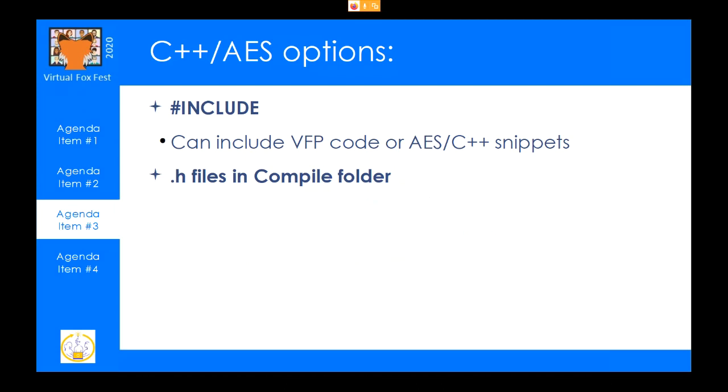In VFP C Compiler, hash include can include code, which is incredibly useful because it means that code that can only work in VC Compiler can be put into a hash include, and it won't break when you try and include it in your standard VFPA or VFP9 functions. You can also include little C++ or AES snippets using hash include.